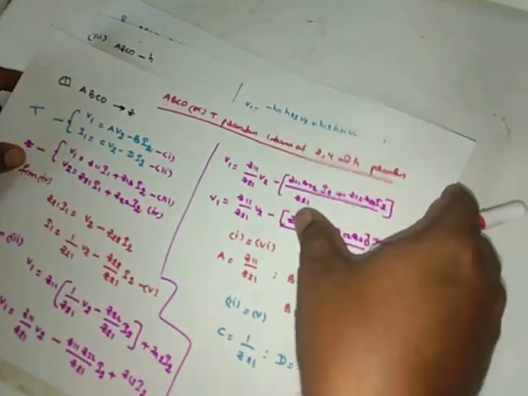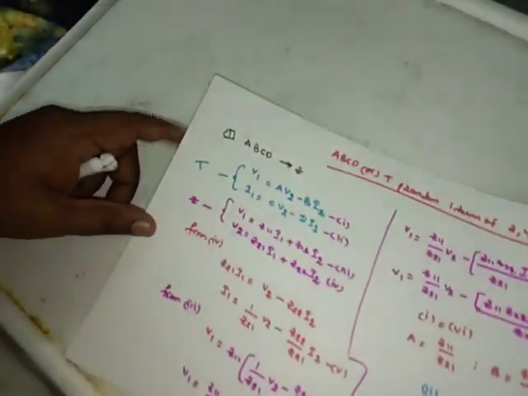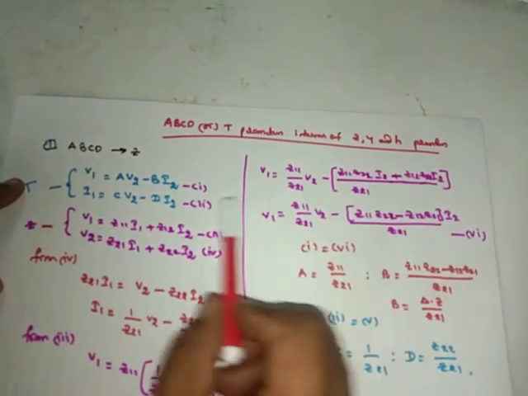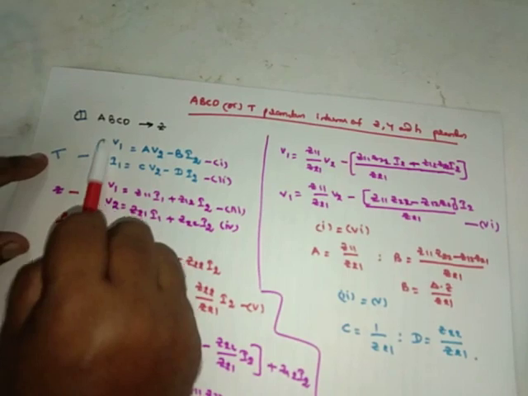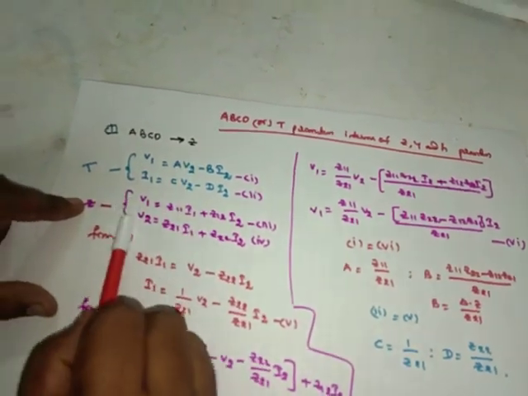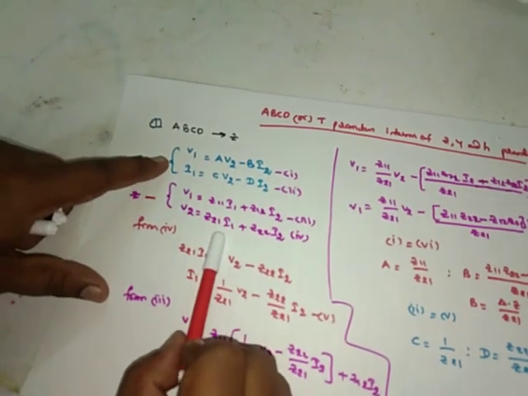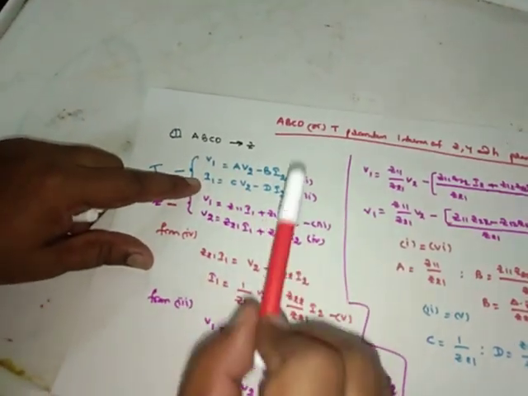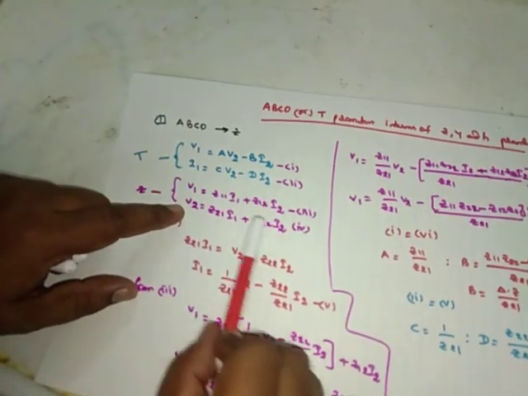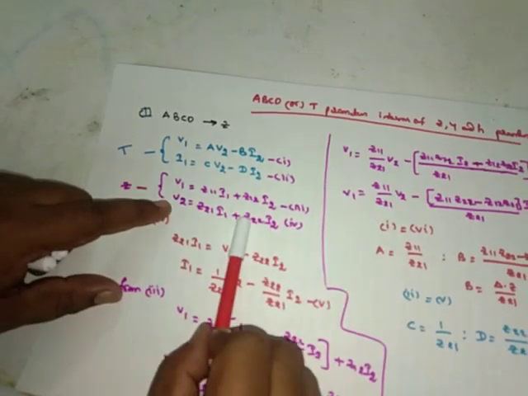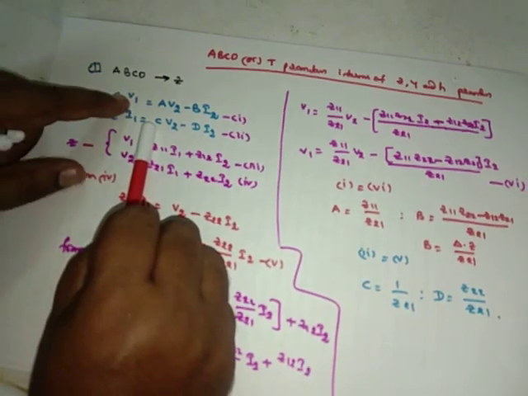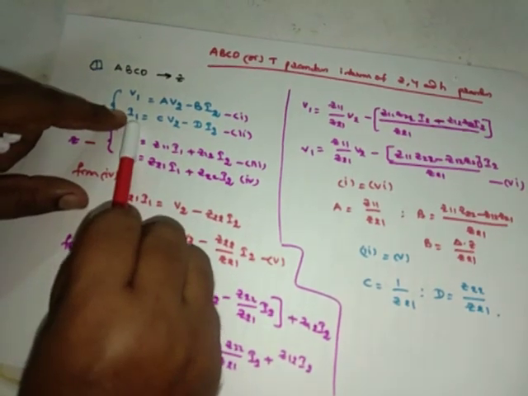Okay, here once again, how to remember the procedure is, first of all write down, in this case, ABCD in terms of remaining 3. First of all write down the T matrix. Then suppose we are going to convert into Z, write down the Z. Observe here, in T, V1 I1 are the dependent parameters. Here in Z, V1 V2 are the dependent parameters. Now here express Z dependent parameters in form of T. Already here V1, here also V1 is there, here I2.